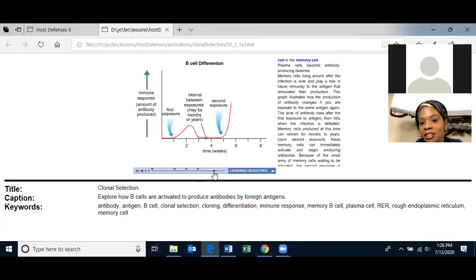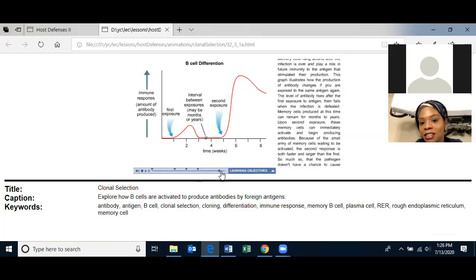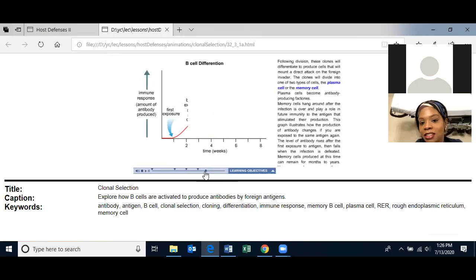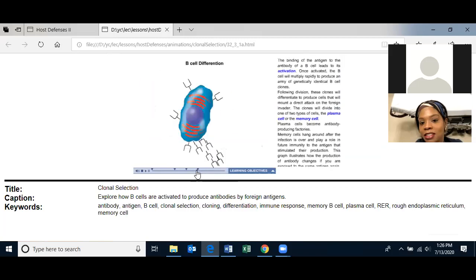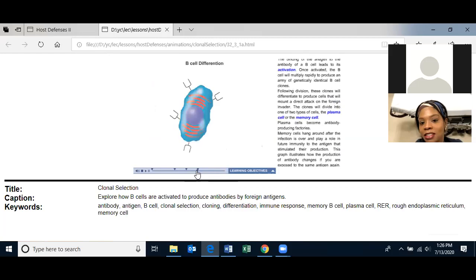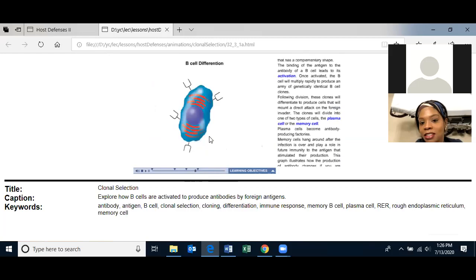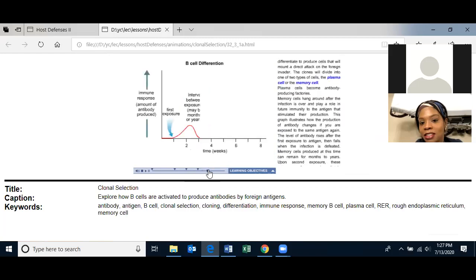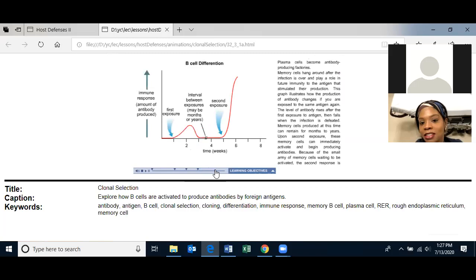But there are memory cells, and where was that picture of that? Someplace after this. There are some B cells that differentiate into a memory cell, and the point of them is they're long-lived, and at some future time the pathogen infects the host again.